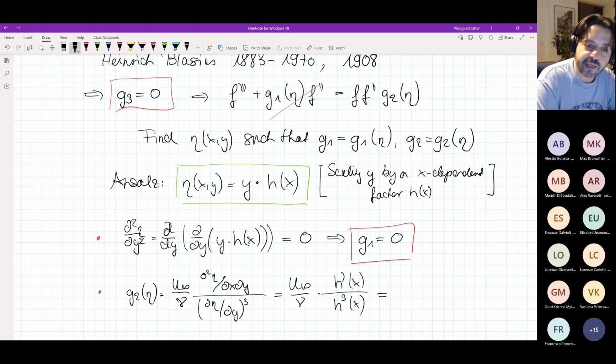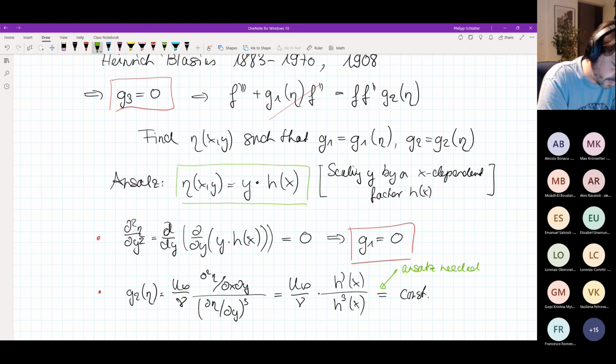So this here needs to be a constant. So that means this equation sign is actually an ansatz again. An ansatz needed for similarity. If this was not the constant, I would not have a self-similar solution.